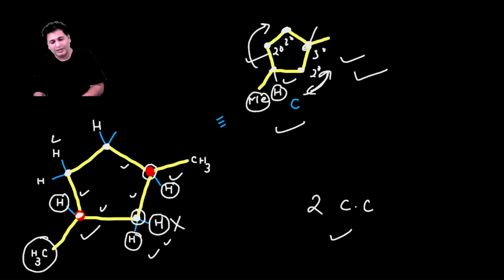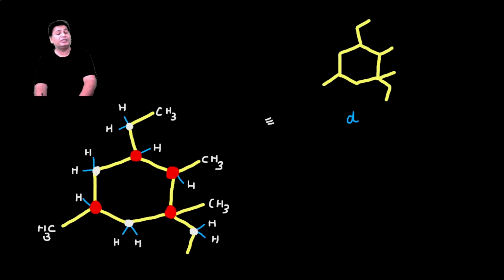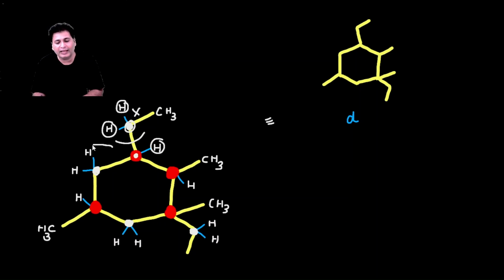Now in a similar manner, we are going to judge the compound number D. Once you start doing D, first I will start from here. You got 2 hydrogens which are the same, so it cannot be chiral. Now you come to this carbon, this is an ethyl group, this is hydrogen, and about these two you start taking a walk in anti-clockwise and in clockwise direction. You move one position, and here you have got a 2 degree carbon.